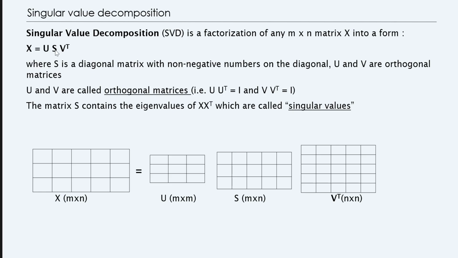The matrix S, which is a diagonal matrix, contains the eigenvalues of XX transpose, which are called the singular values. So when you take the matrix X and factorize it into three matrices, it looks something like that.